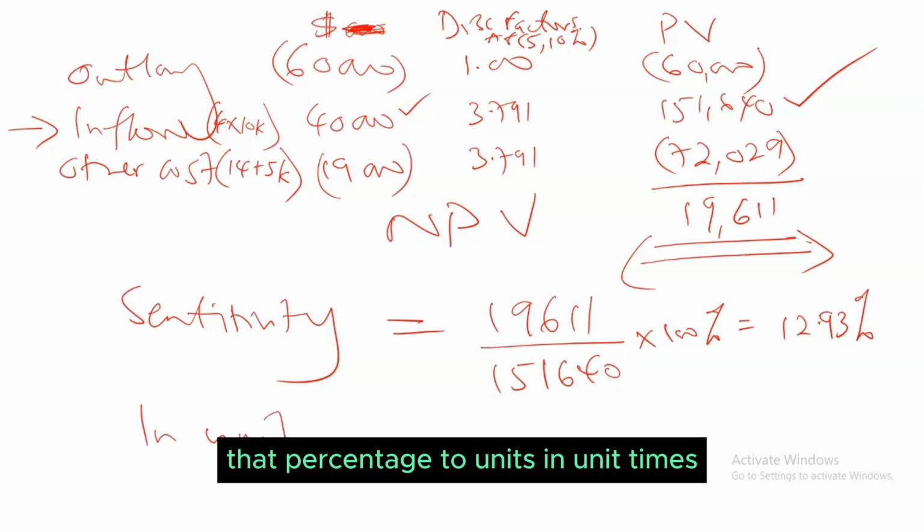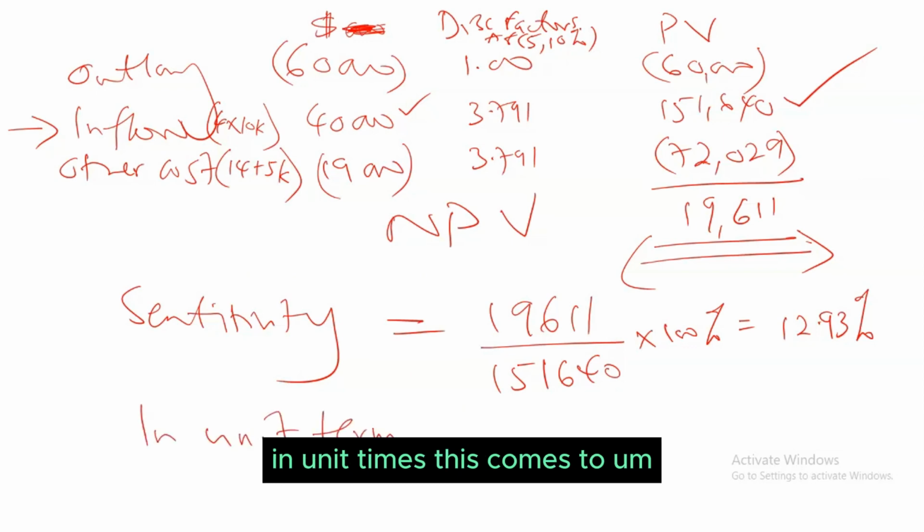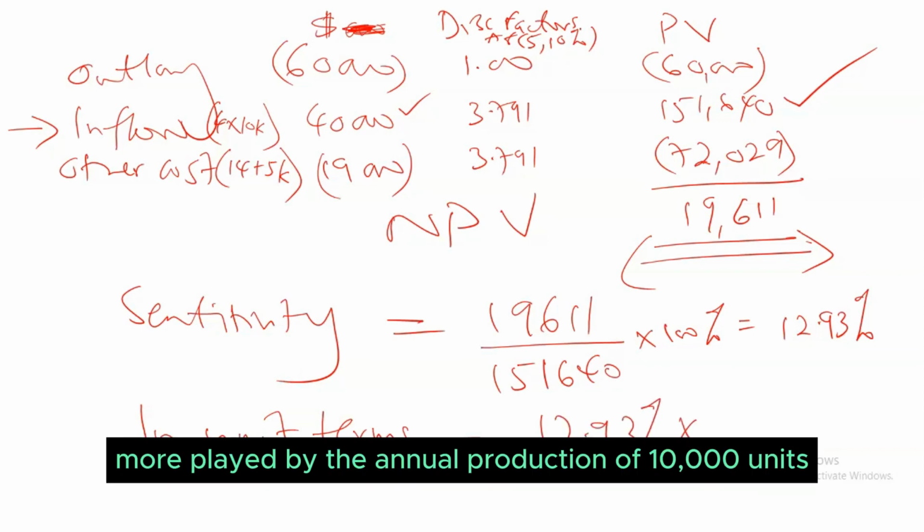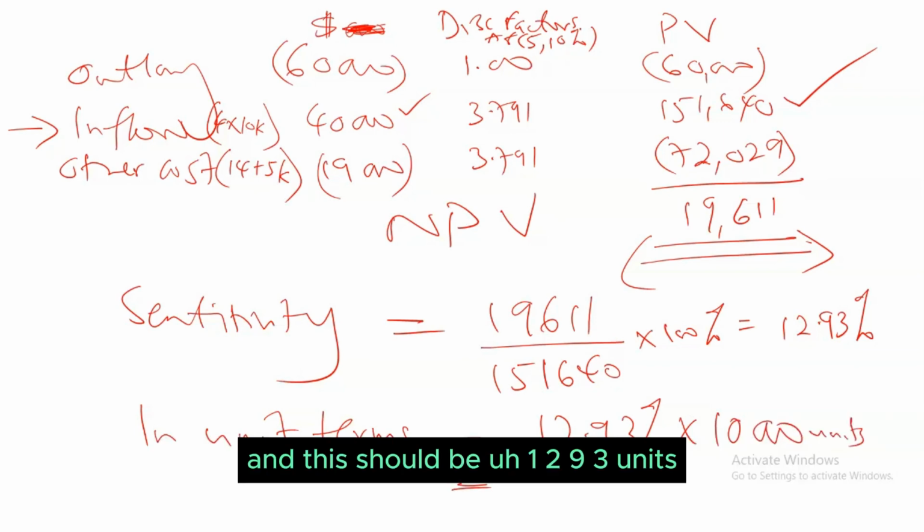In unit terms, this comes to 12.93% multiplied by the annual production of 10,000 units. And this should be 1,293 units.